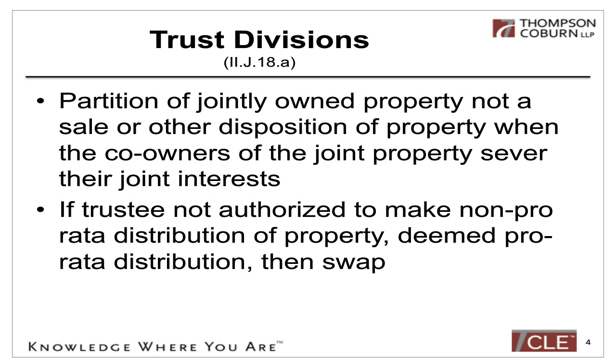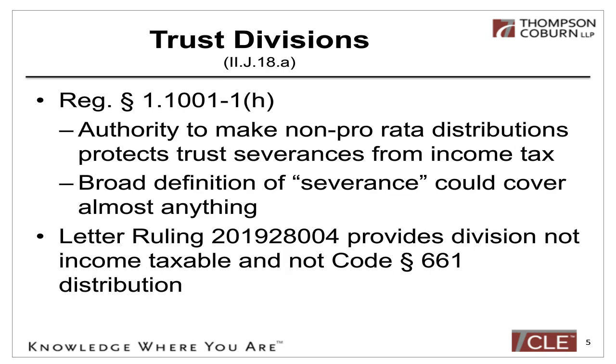So let's go on to the next slide, slide 5. If you have the authority to make non-pro rata distributions, then of course that protects this, just as I mentioned a moment ago. The Uniform Trust Code recognized that this was a potential trap, and it put that into the default powers.